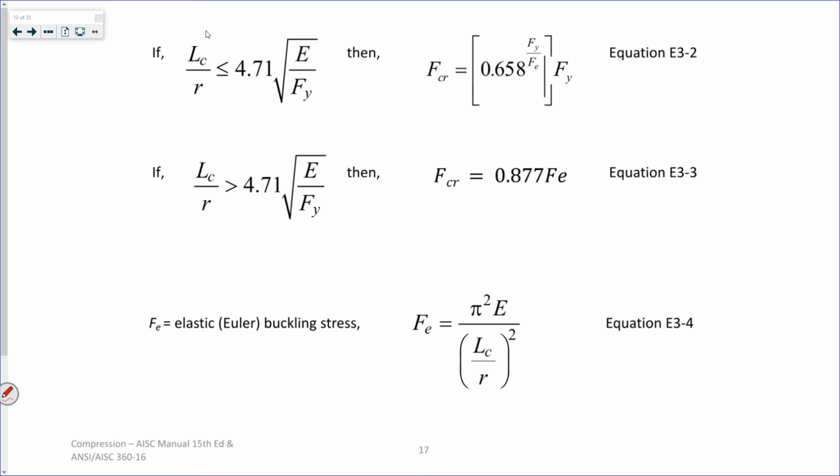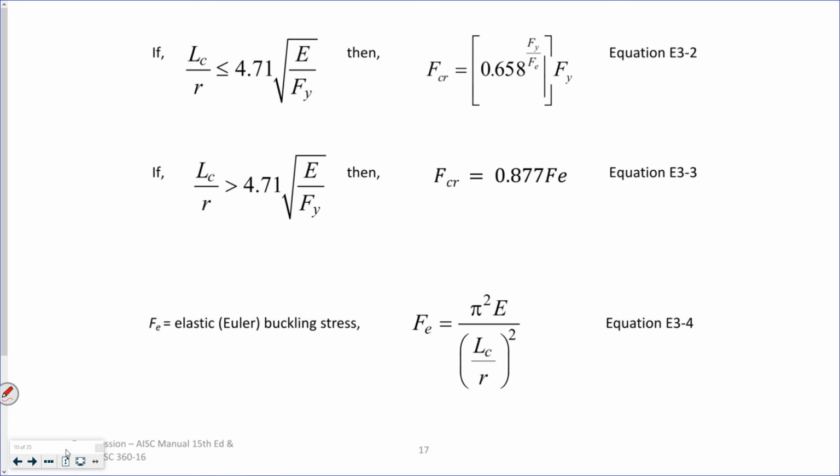If you go back and look at our notes from compression theory, you might recall that the more slender a cross section is, the higher its slenderness ratio, then the more likely it is going to buckle elastically, meaning there won't be any yielding within the cross section prior to buckling.